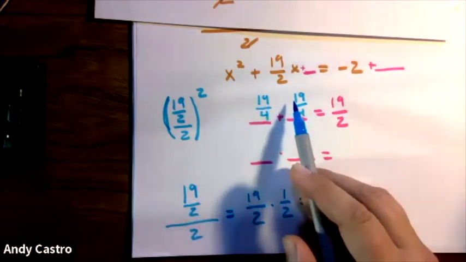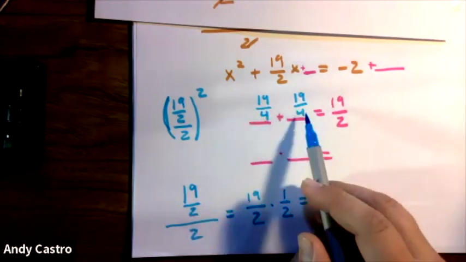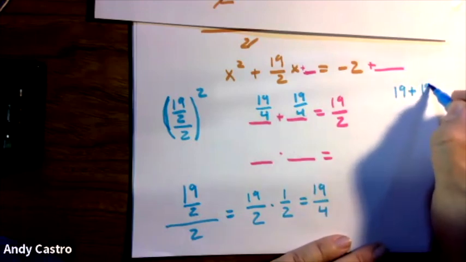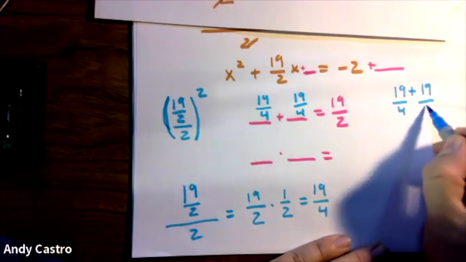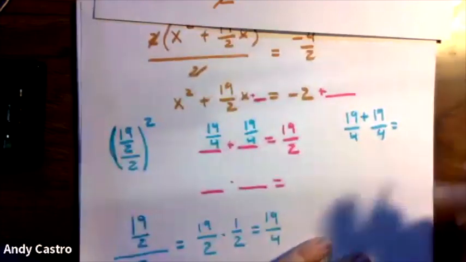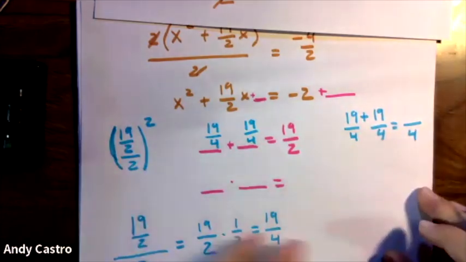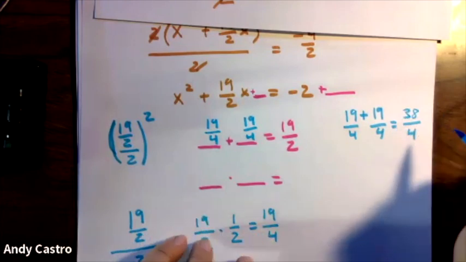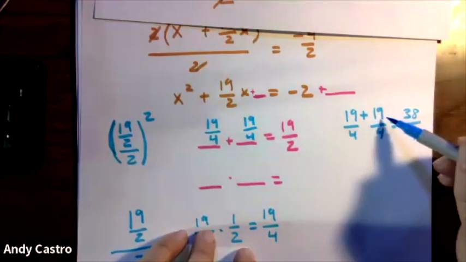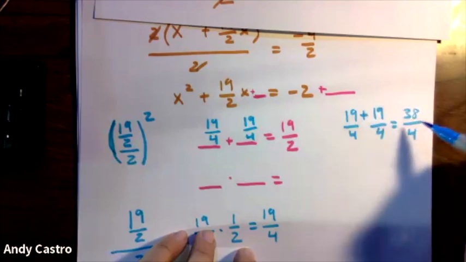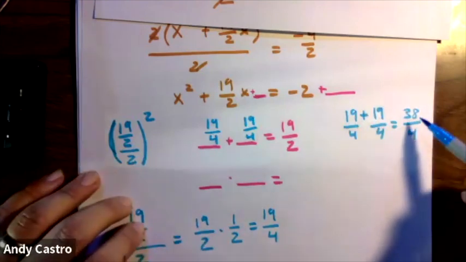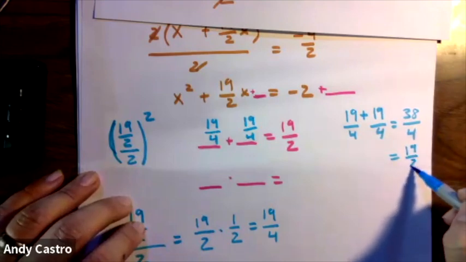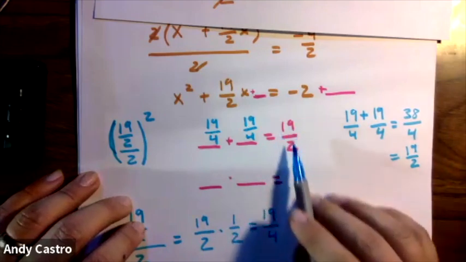Well, 19 over 4 plus 19 over 4, common denominator, which means the end result will have a common denominator, 4. 19 plus 19 is 38, right? 9 plus 9 is 18, carry the 1, 2, 3. Yeah, 38. Now, if I divide the top and the bottom by 2, then I get 19 over 2, which is my number right there.